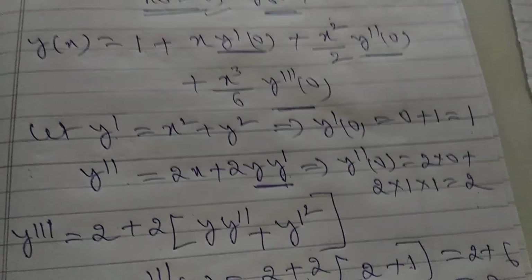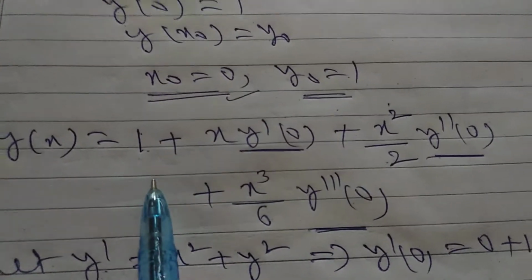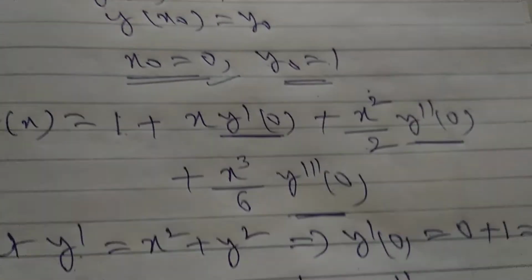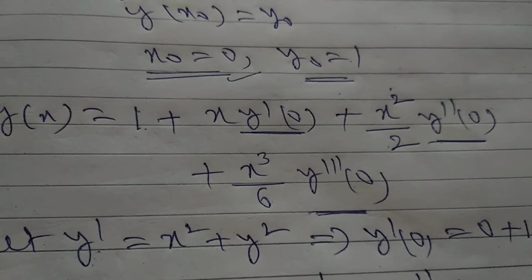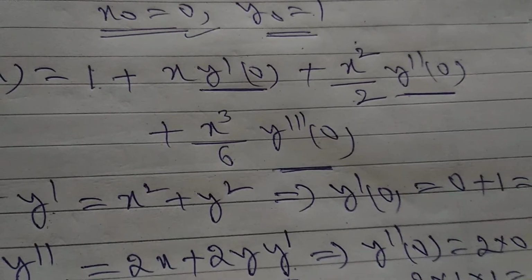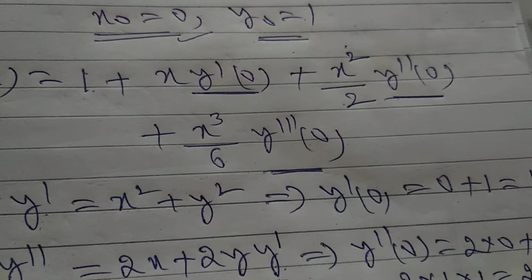Okay. Now you have to substitute these values in this equation. Which equation? y of x is equal to 1 plus x into y dash of 0. In this equation you have to substitute. So y of x is equal to 1 plus x, you have to write as it is. And what is the value of y dash of 0? It is 1.